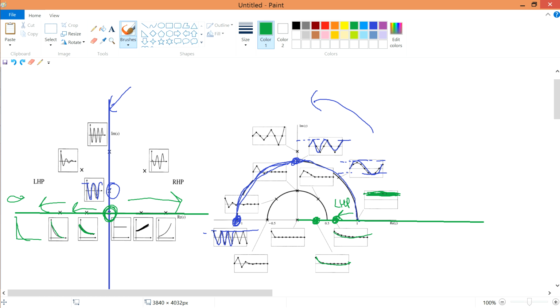Now we're going to talk about the interaction between the imaginary and the real. So I'm going to denote this point as my red color spot over here.